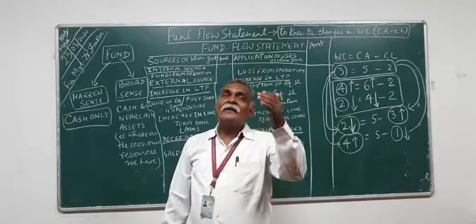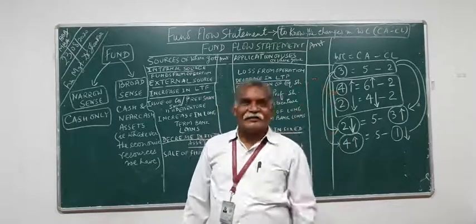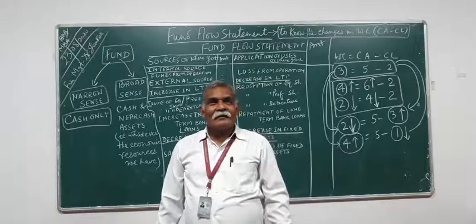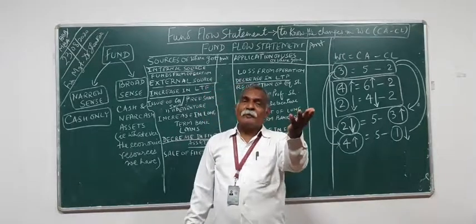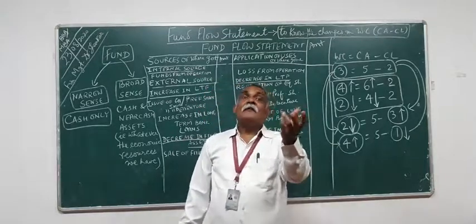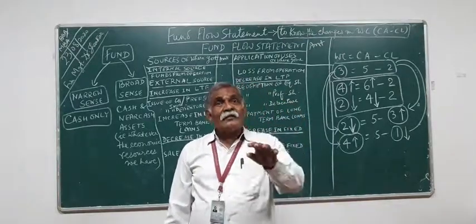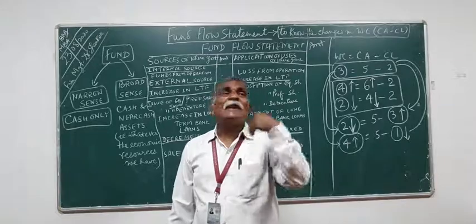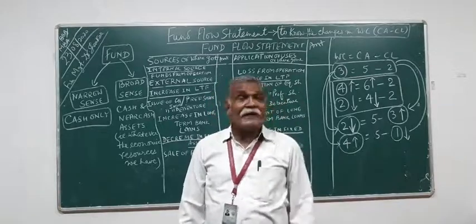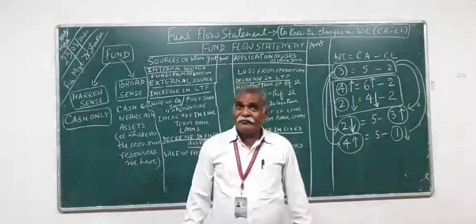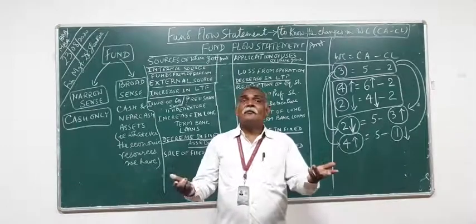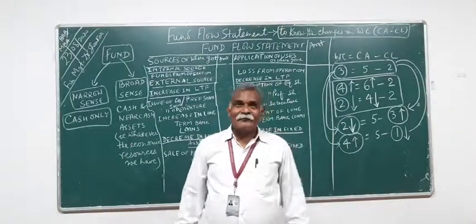In the same way, non-operating expenses and losses. On the expenses side of the PL account, we write first non-cash charges. The charges which you are not paying to anyone in the form of cash, like depreciation. Depreciation of what? Depreciation of fixed assets.